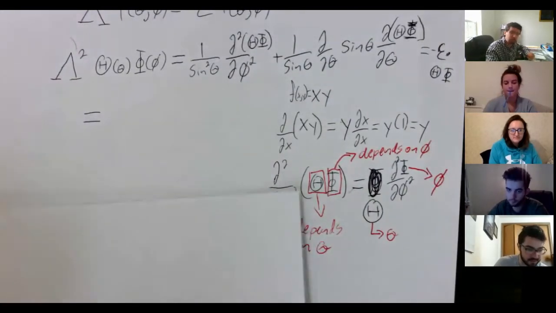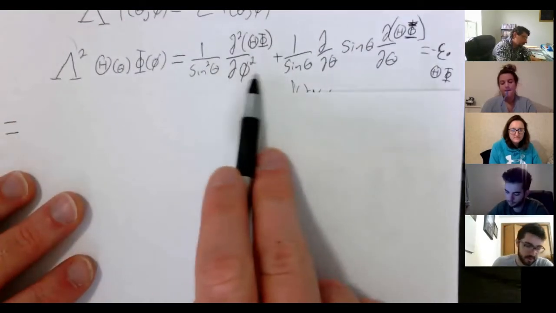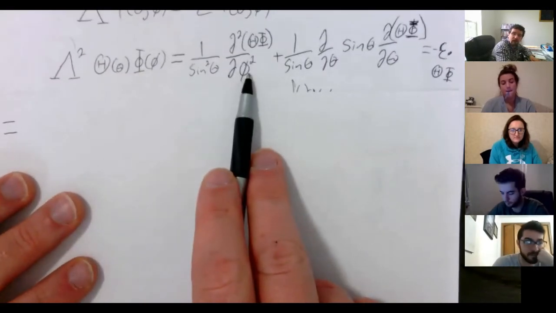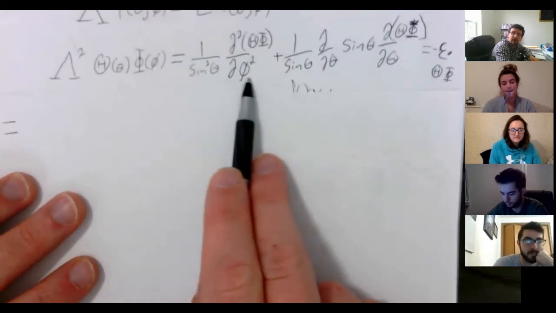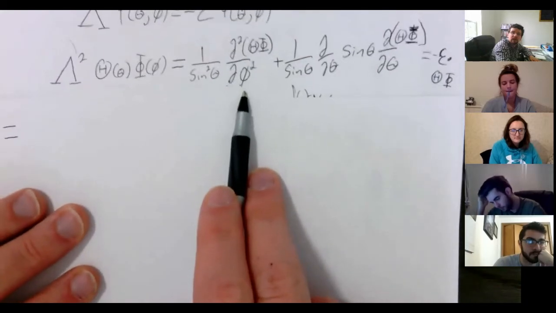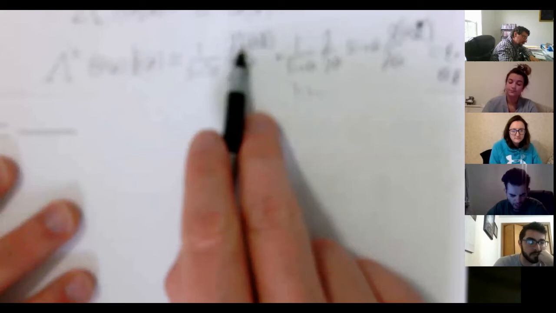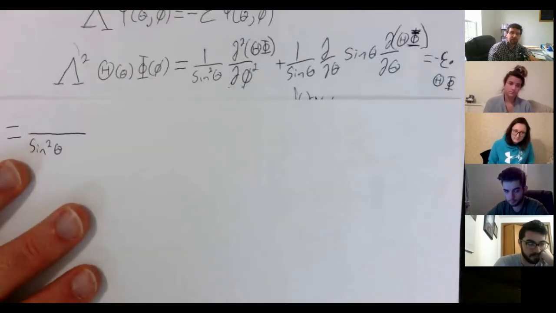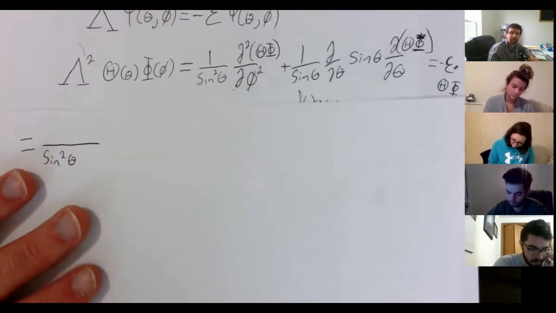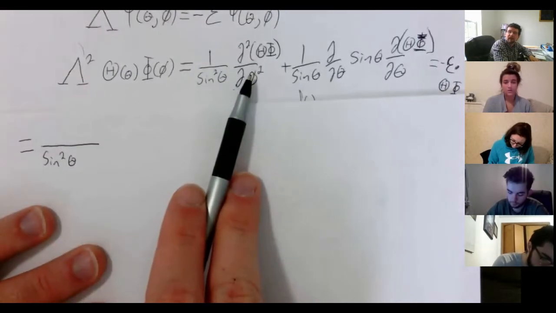Okay, so let's start breaking this guy apart. So this first term, what's it going to look like, keeping in mind we're differentiating with respect to phi? We're going to have the sine squared theta on the bottom, right? That doesn't change. What's going to happen with this? Can we pull anything out of there?